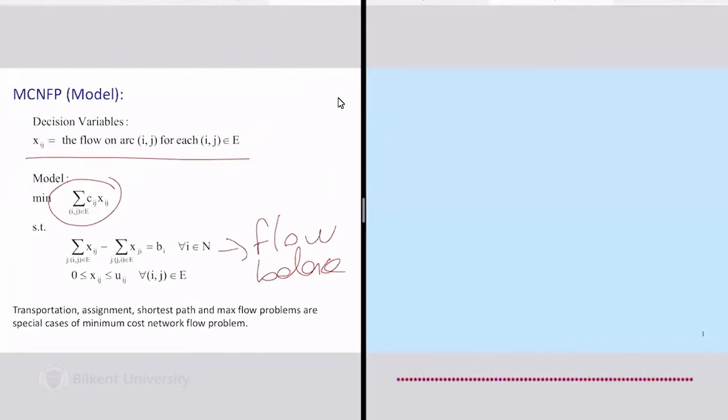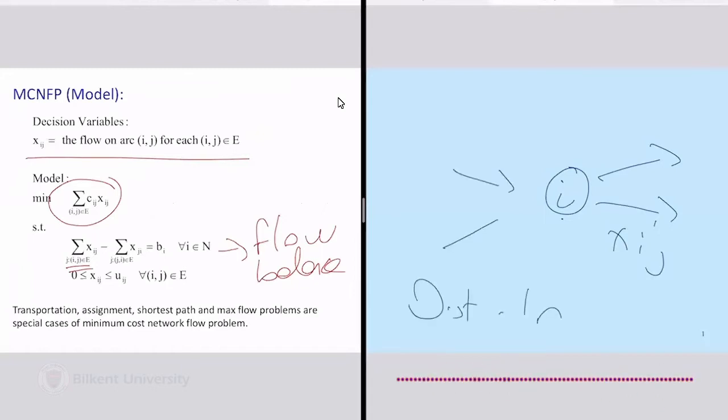So you pick a node, and you look at the first sum here, which is anything that's getting out. These are xij's from i to j. And the other one is xji from j to i. So this is out minus in. It's supposed to be equal to bi.